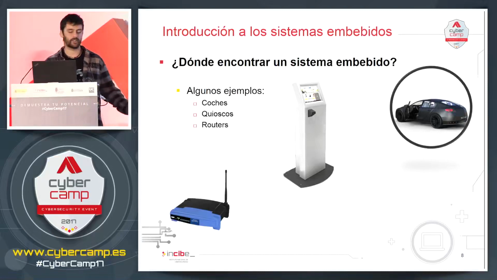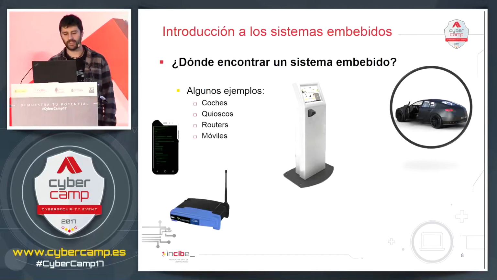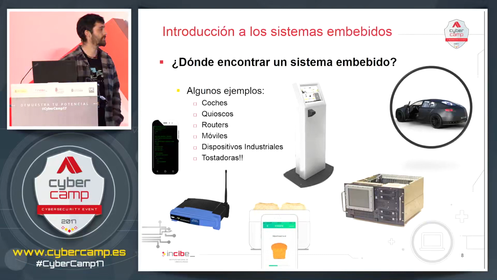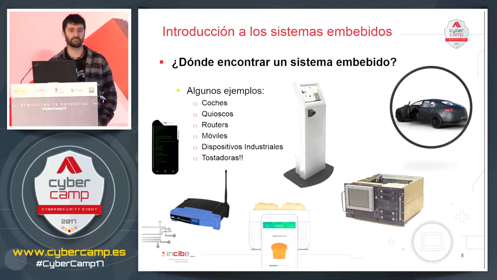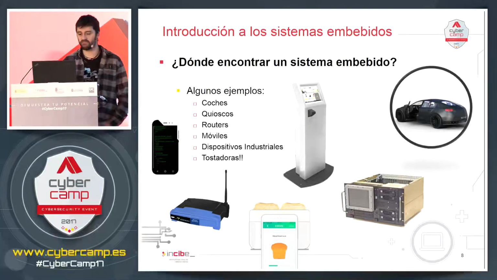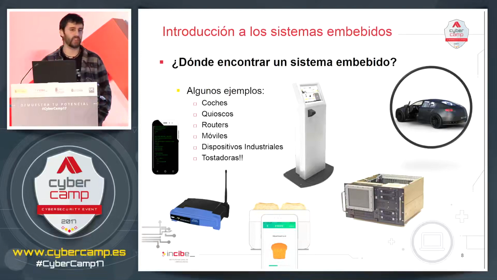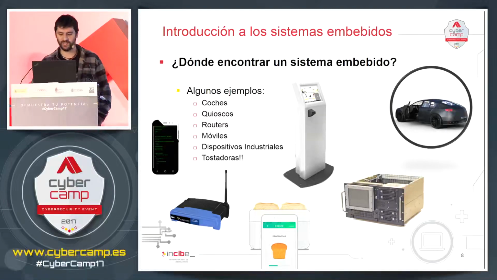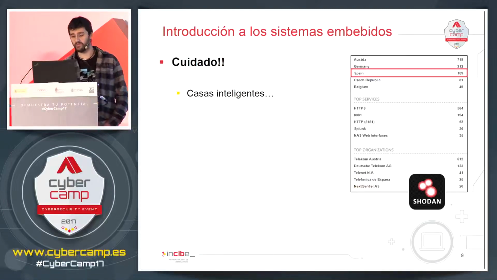Routers, mobile phones, industrial devices, of course, and toasters. I include this because I thought it was funny, toasters, and especially this one. There are some projects around in Kickstarter, etc. It's funny, if you want to go and take a look.